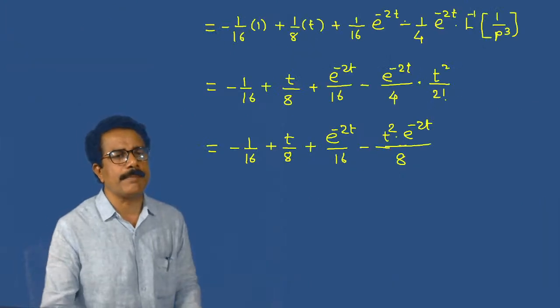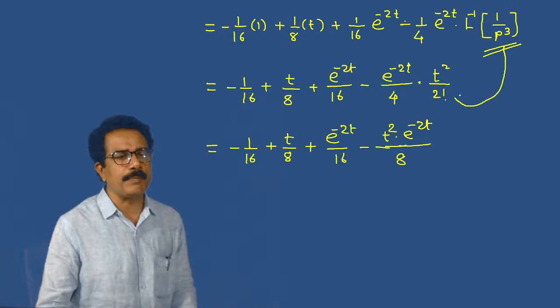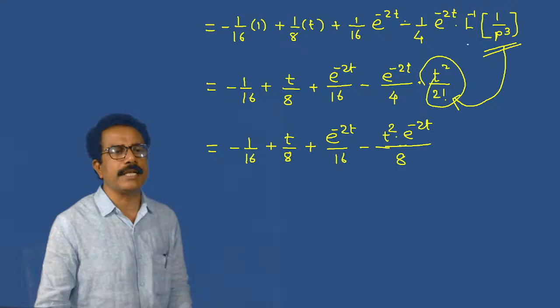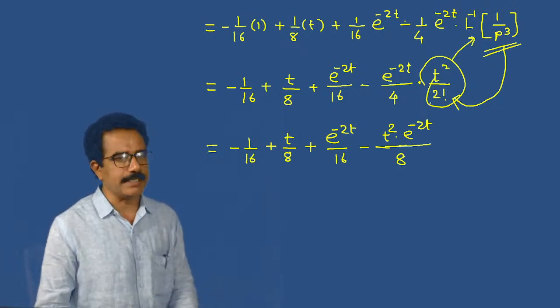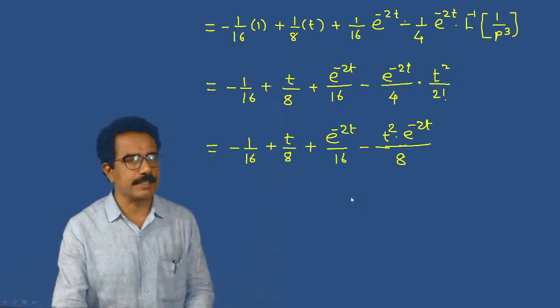We can write 1 upon p cube, capital F of p. And again, L inverse of 1 upon p cube is equal to t square divided by 2 factorial. This is the L inverse of this, and this is the final answer. In this way, we can obtain the solution of this Laplace transformation.